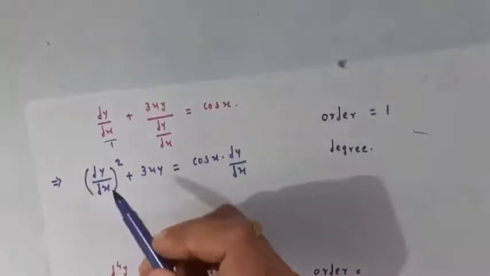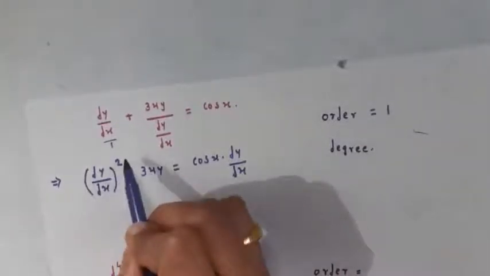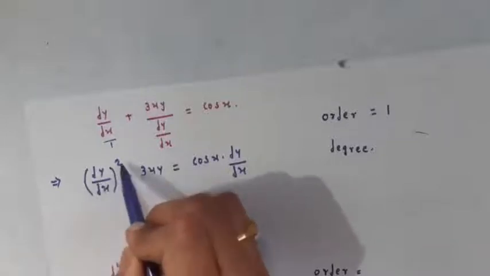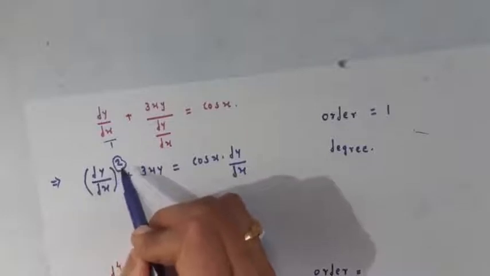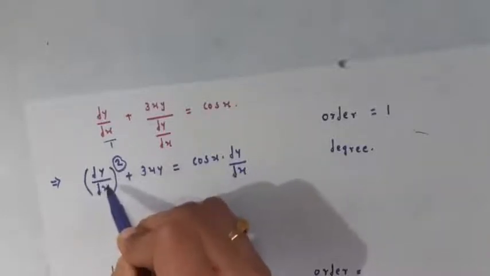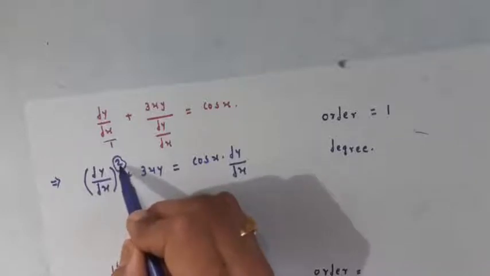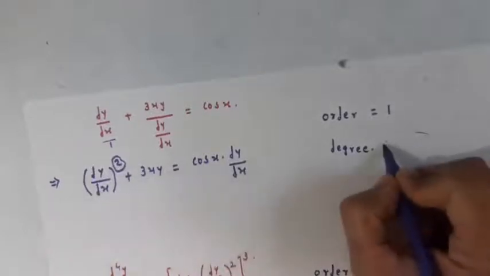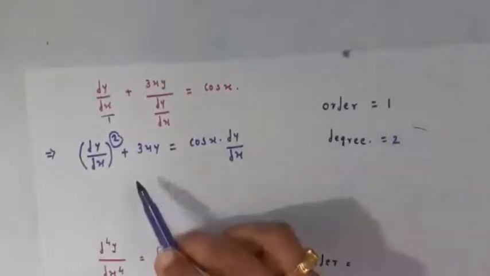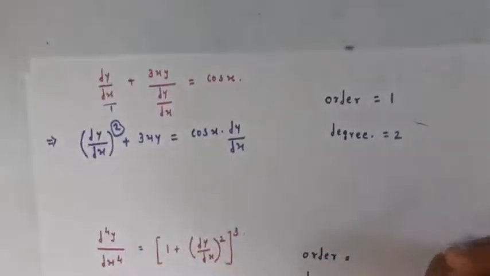Now what is the power of the highest order? The highest order is 1 and its power is 2, and because of the power of the highest order, the degree of the differential equation is 2. In this way, the order is 1 and degree is 2.